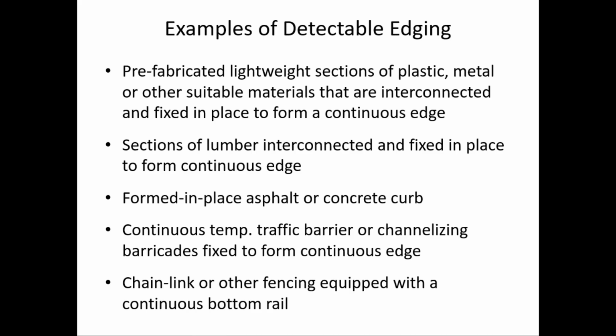And of course, normally chain link fence would not be considered a detectable edge, but the bottom, I don't know, 6 inches to a foot is kind of a plastic or timber continuous rail or bottom rail. So it's like chain link fence up top, and then there's like a toe board or kick plate at the bottom.